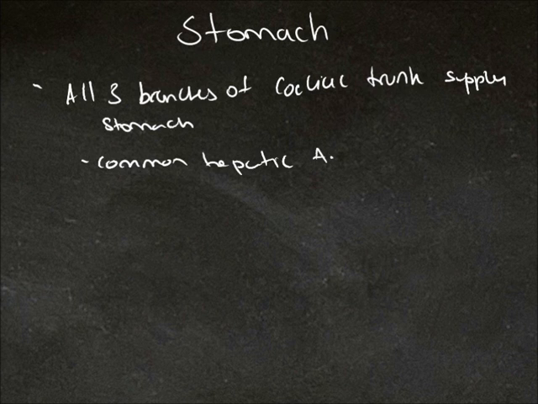The common hepatic artery had two branches. The first, the gastroduodenal artery, which branched into the right gastroepiploic artery.